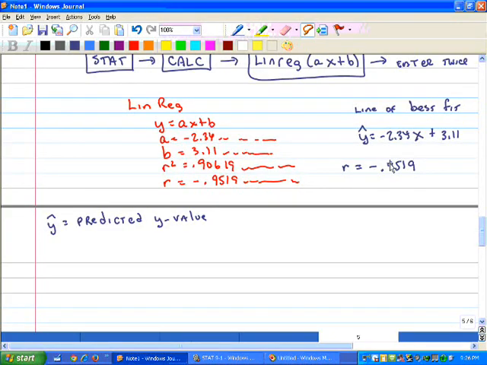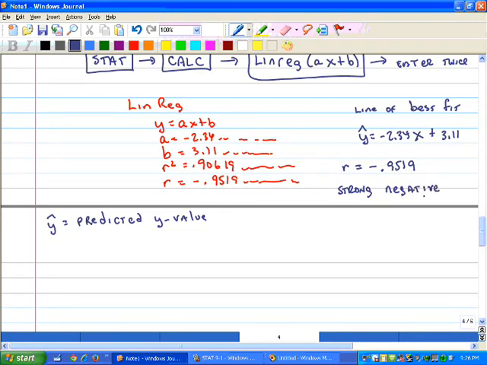Because the absolute value of negative 0.9519 is close to 1, we would say that the correlation coefficient of negative 0.9519 indicates a strong negative linear correlation in the data.